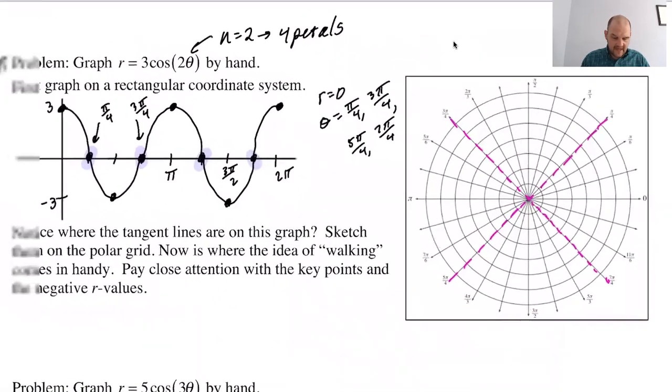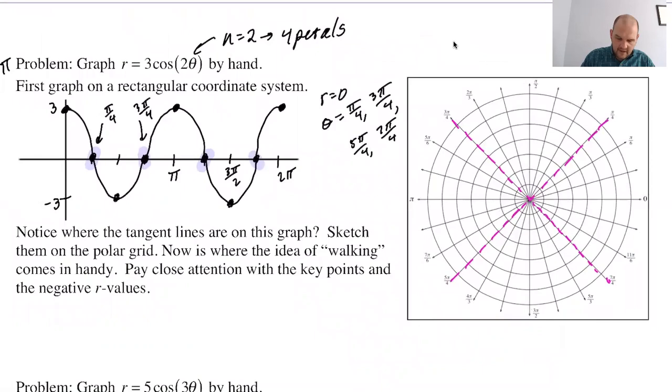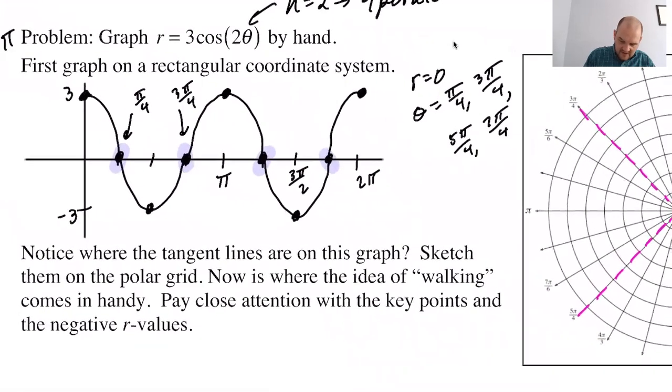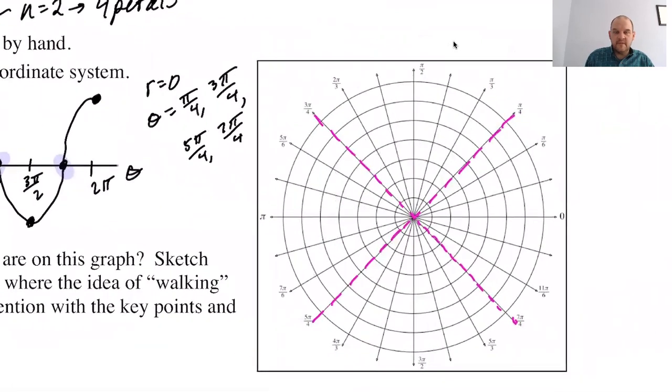Now, what is happening? Okay, here we go. When theta equals 0, this is the theta axis. I should have labeled that. This is theta, and this is the r axis. When theta equals 0, r is equal to 3. Let me use a different color.